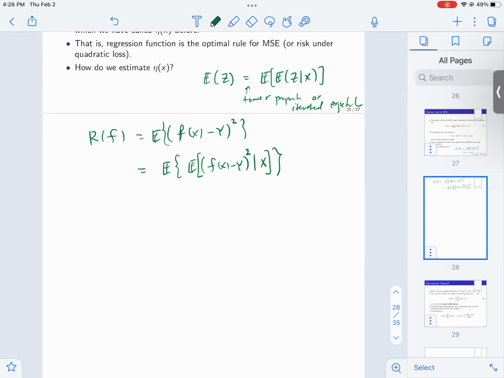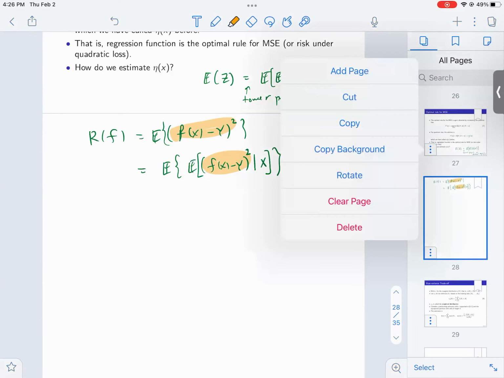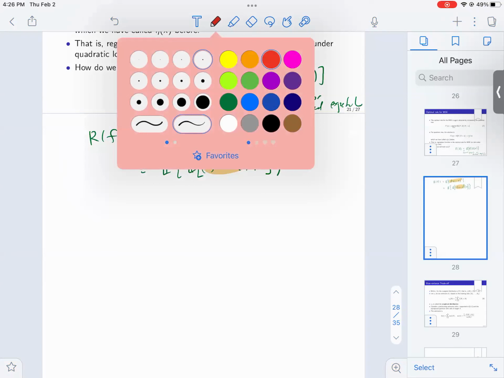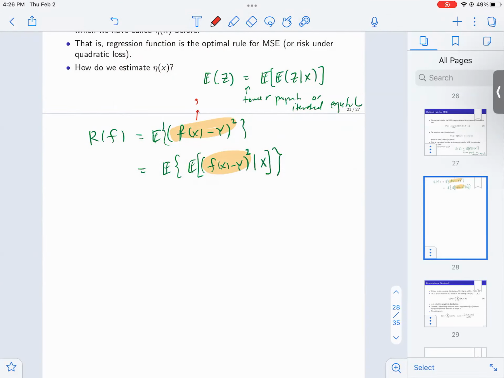So the expectation of z, this is a random variable. The expectation of z given x. Does it make sense? Or have you seen something like this? No. Now you've seen it.